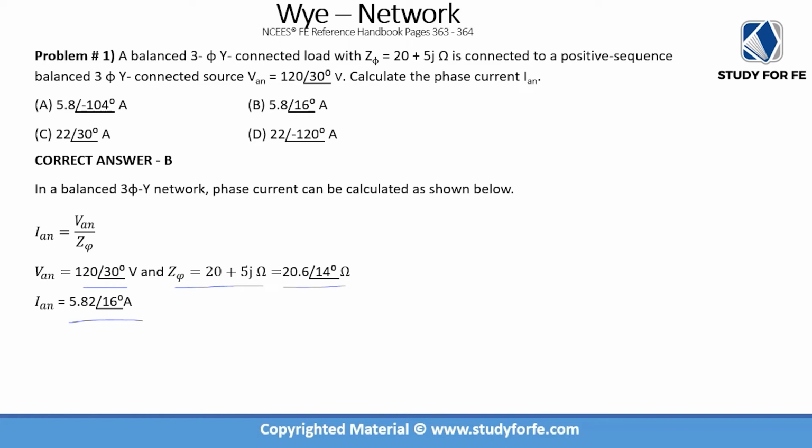Even in this type of problem, students can make a mistake. As I mentioned before, for whatever reason, they tend to ignore the phase angles. Even in the vector diagram that we saw before, you notice that your EAN, which was VAN, was along the x-axis, and the angle is basically 0.